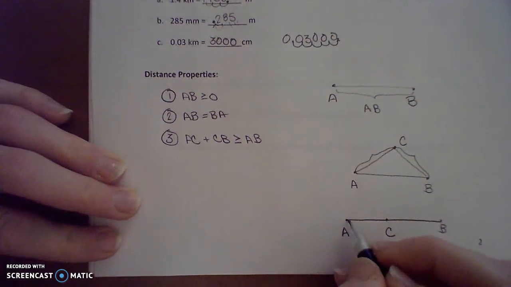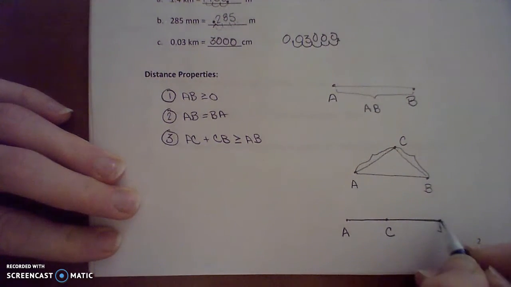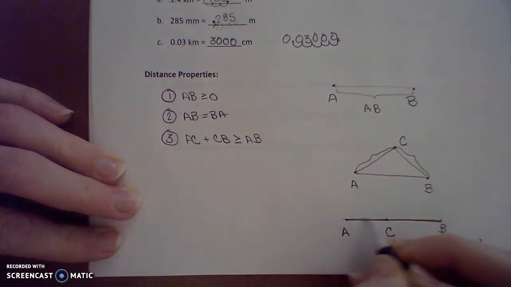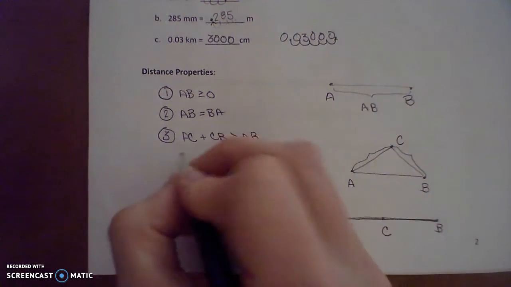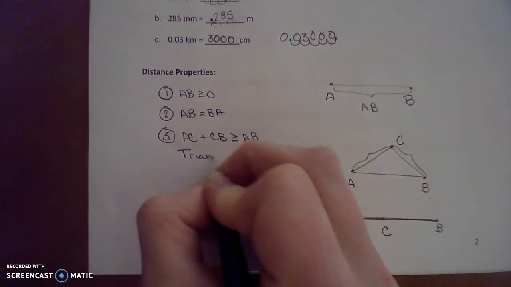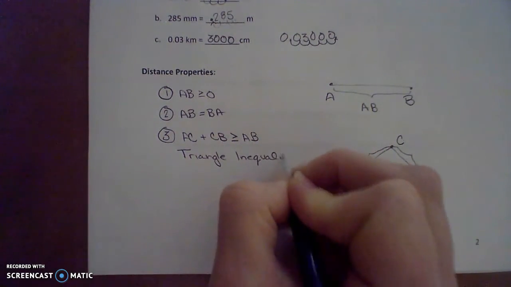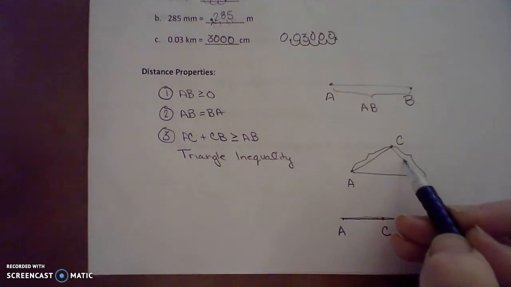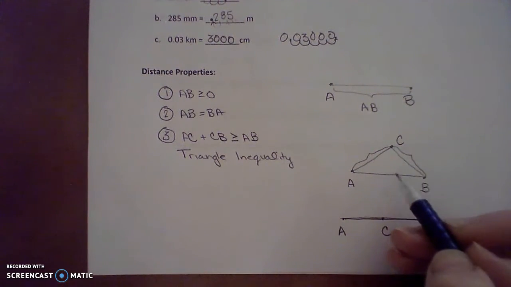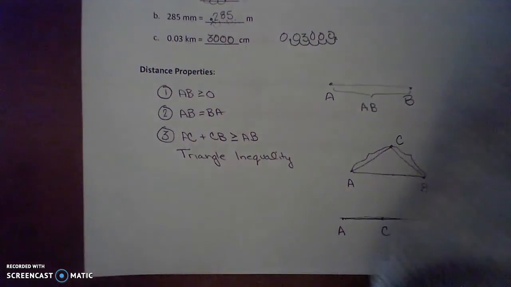In this case, the distance from A to C plus the distance from C to B is exactly equal to that distance from A to B. So again, this is called the triangle inequality. And we saw that in the last chapter, where any two sides of a triangle have to add up to longer than the third side. Otherwise, it just won't make a triangle.